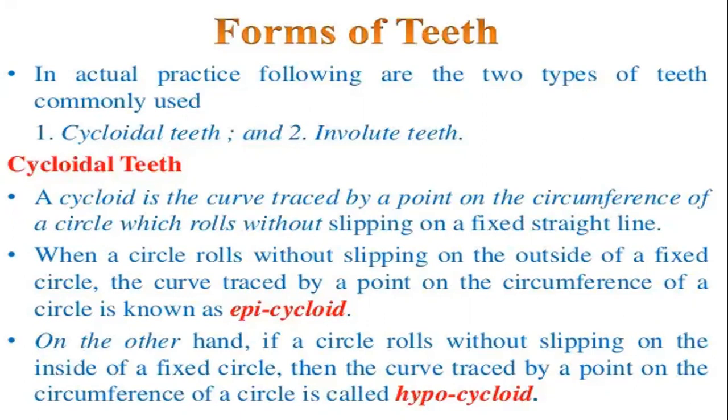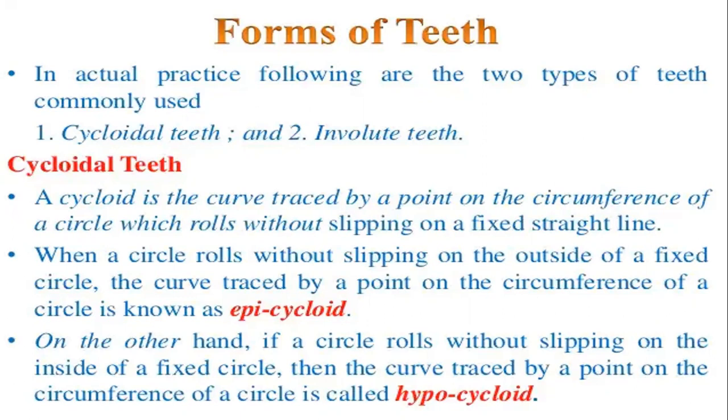On the other hand, if a circle is rolling without slipping on the inside of a fixed circle, there are two different cases: on the outside and on the inside of the fixed circle.